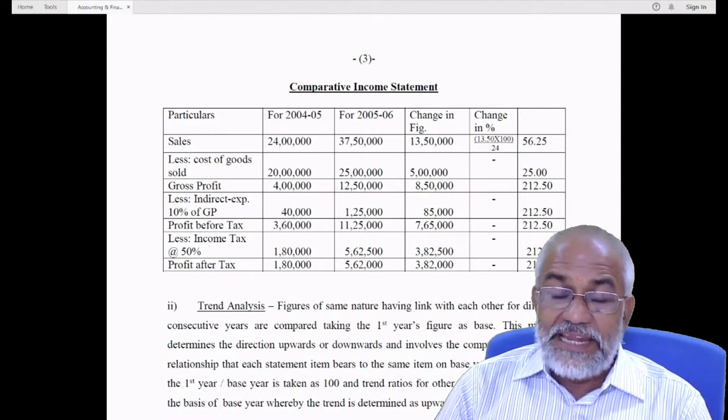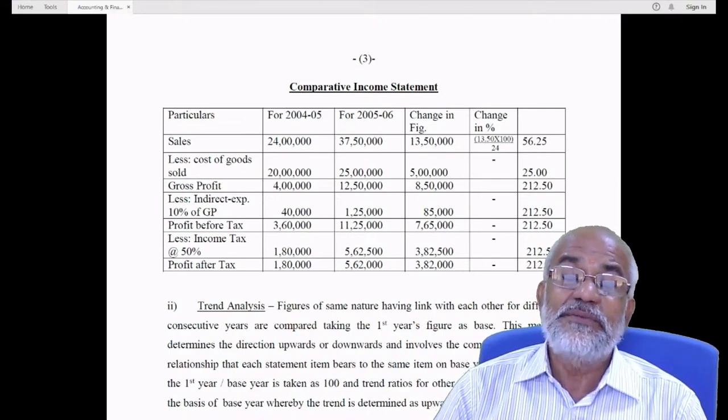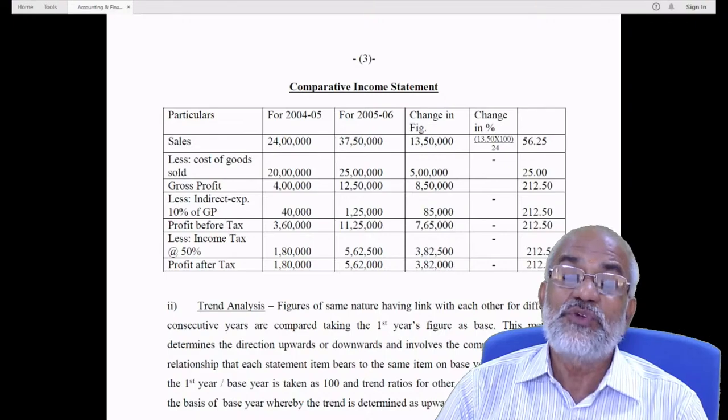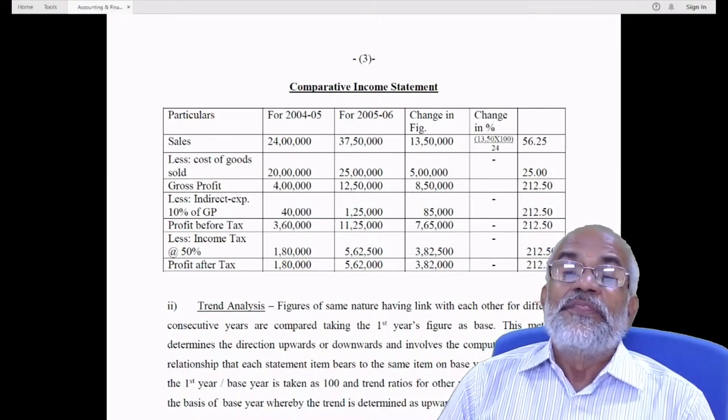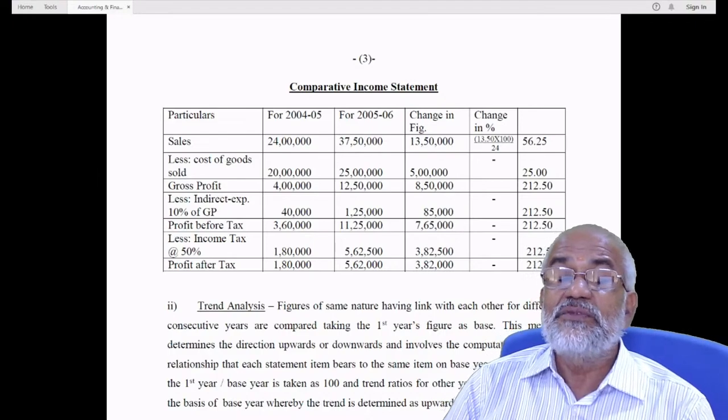And for the second year, that means for the year 2005-6, the income tax is coming 5,62,500, being 50% of 11,25,000. So for the first year it is 1,80,000, for the next year it is 5,62,500.